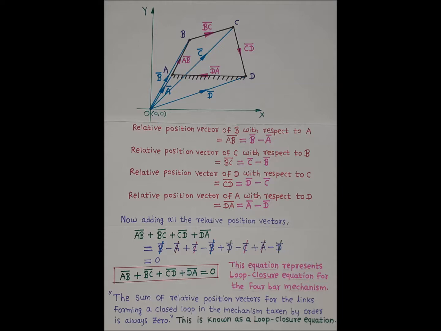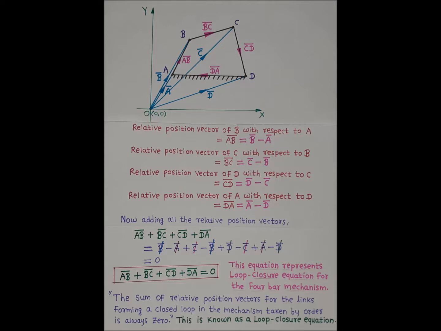Okay, now why we are saying like this? Because we are knowing this AB bar, BC bar, CD bar, and DA bar, these are the relative position vectors. Okay, so that's why you can notice what is the first line of the statement: the sum of relative position vectors for the links forming a closed loop in the mechanism taken by order is always 0.